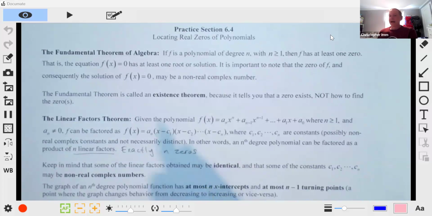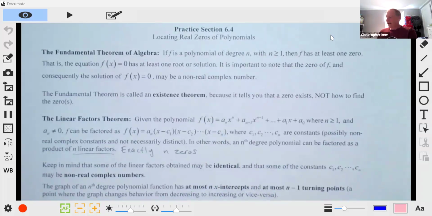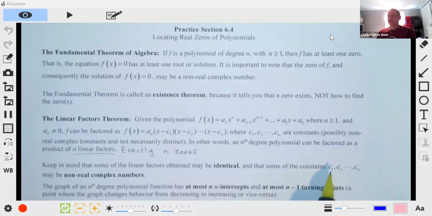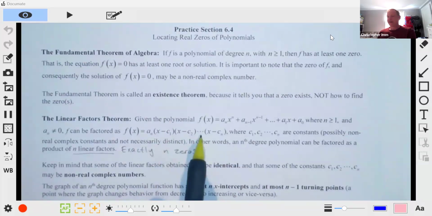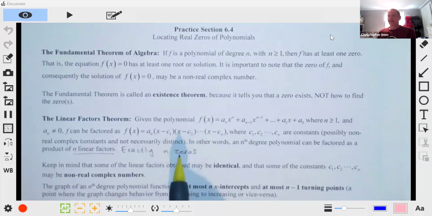So we could have what we call multiplicity on our zeros, and we'll discuss that. If we have, for instance, 2 repeated 3 times, we would have x minus 2, x minus 2, x minus 2, then that zero, 2, would be counted 3 times for 3 zeros.